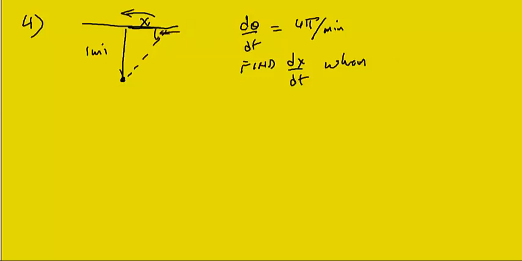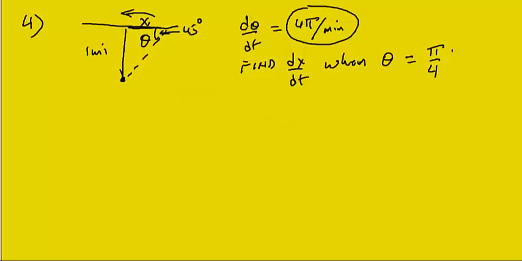We'll call that θ, and we don't like degrees. We're going to change this into radians. So what's 45 degrees in radians? You can't have degrees and radians mixed together.